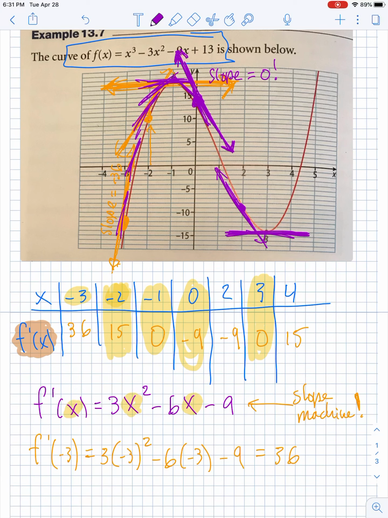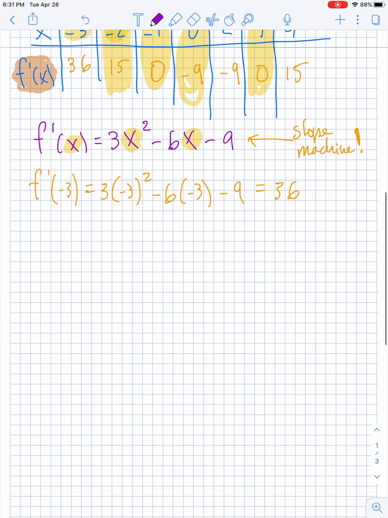So, you guys, the derivative is a slope machine. That's all it does. It tells you the slopes of tangents. Now, let's start fresh here.